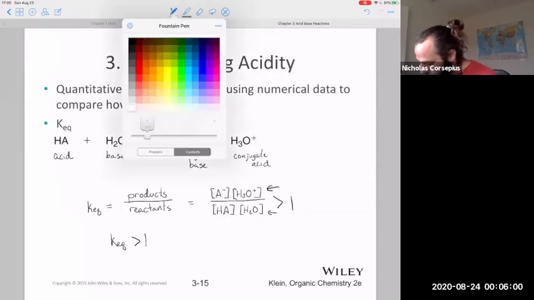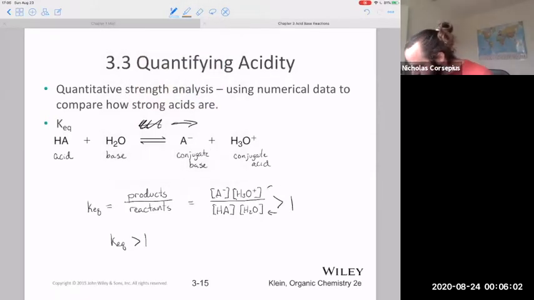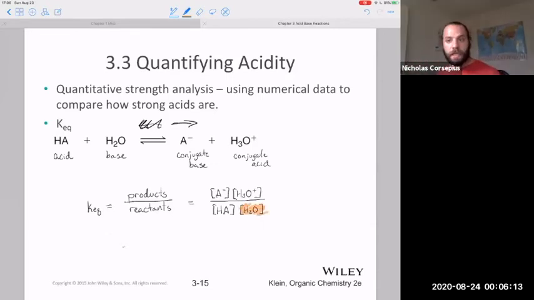Now, one thing I want to point out, let me get rid of these markings here, is that in our equilibrium constant equation, we have this concentration of water term.